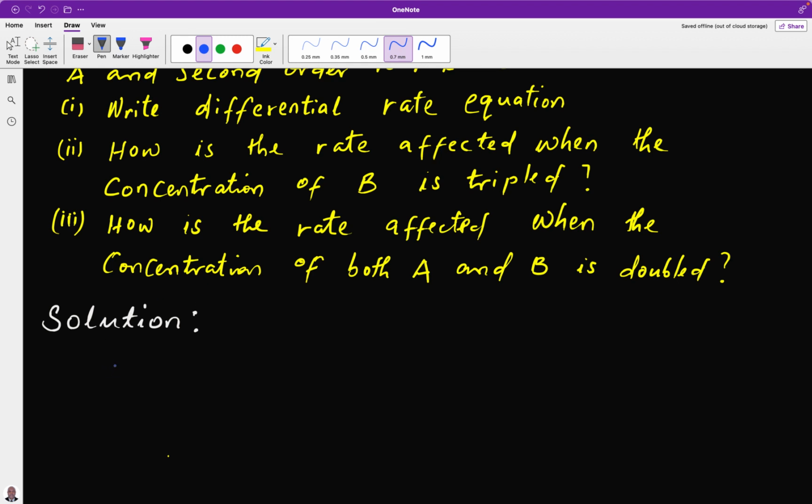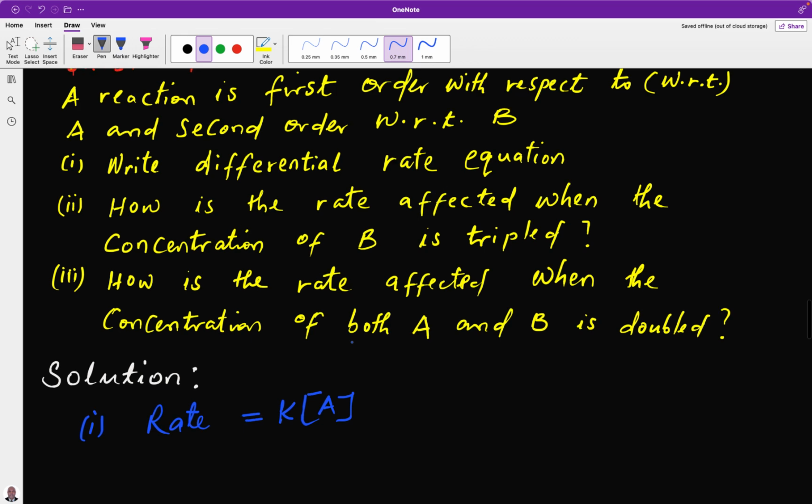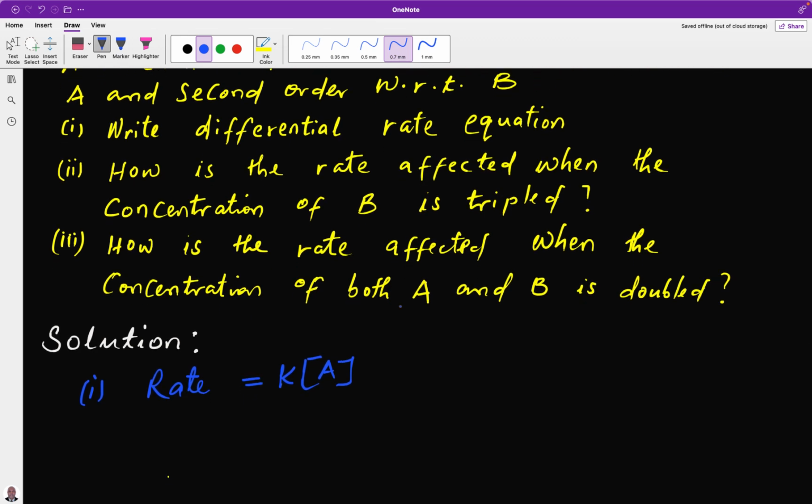You just have to say the rate will be equal to the rate constant K into the concentration of A, because they said the reaction is first order with respect to A. Because it is first order with respect to A, it is raised to the power 1, which remains the same.